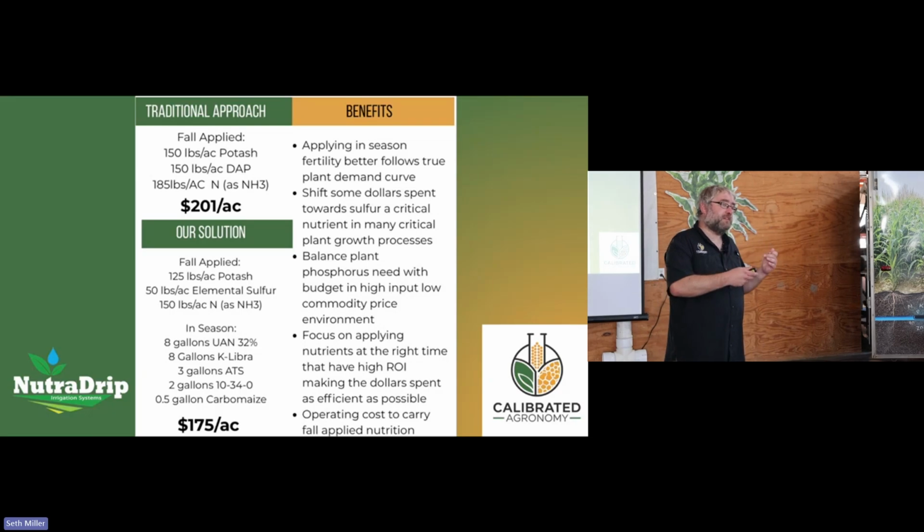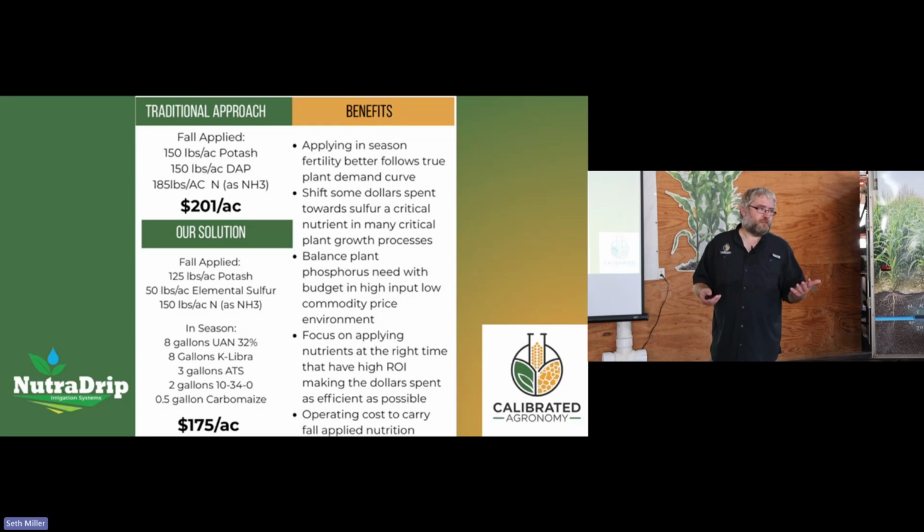That's why establishing the baseline is really important, because with that we get our economics on what it's going to cost to amend things. We don't want to go for broke. We want to have some insurance and manage risk. And with farmers, a lot of times it's just about managing risk.